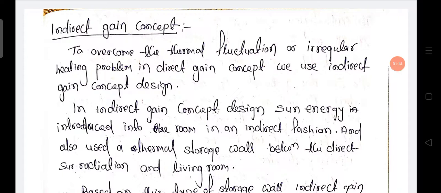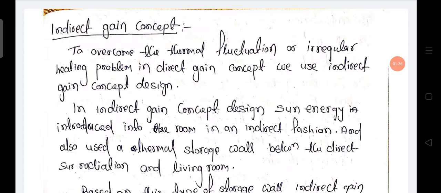And why do we need the indirect gain concept instead of the direct gain concept? Because the direct gain concept has a disadvantage: the heating is very irregular.